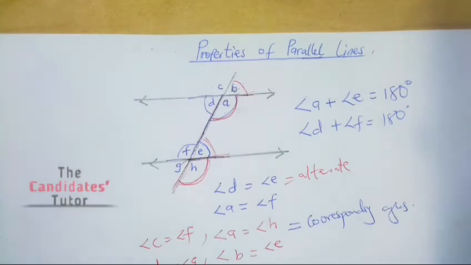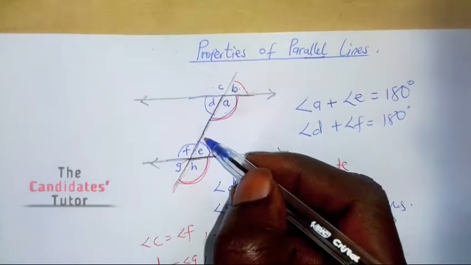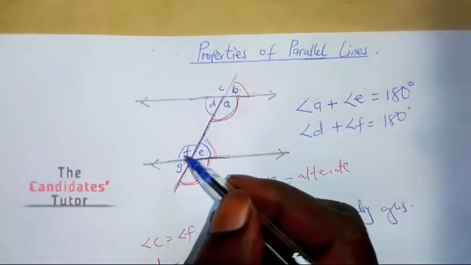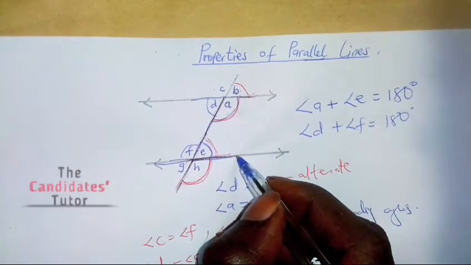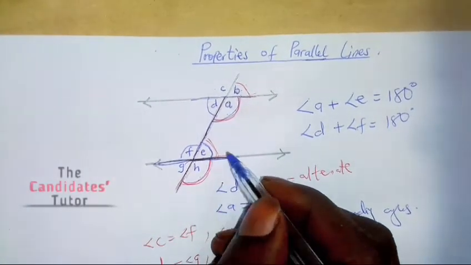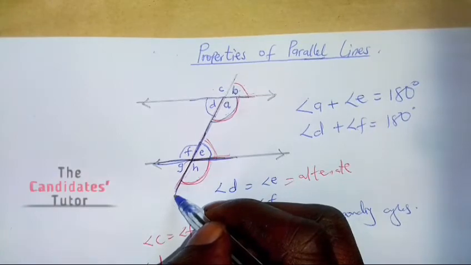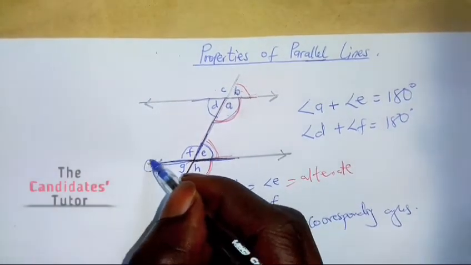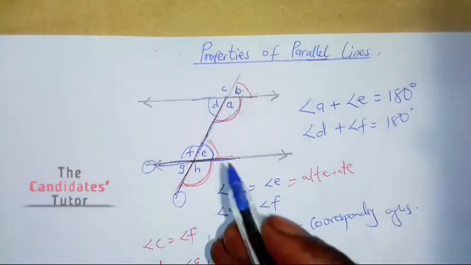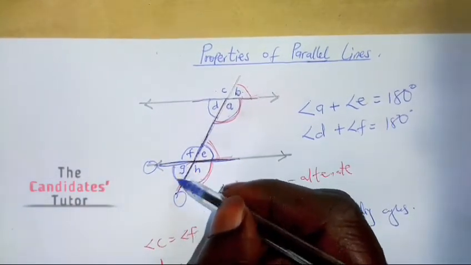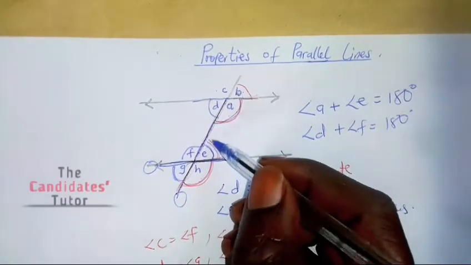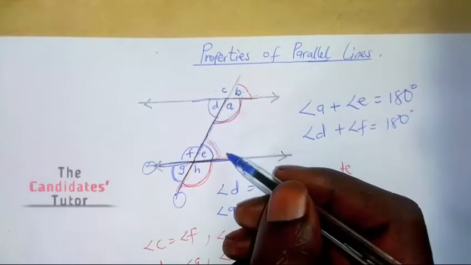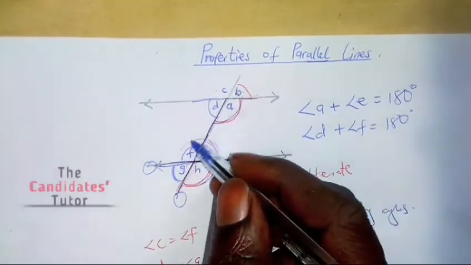Look at this angle where we have this and this coming, like an X. Yes, this here and that here. You realize that if it were a pair of scissors that you can open from this side, the angle at this side, when you open it, will be the same as the angle at this side. And in the same way, the angle at this side will also be equal to the angle here.